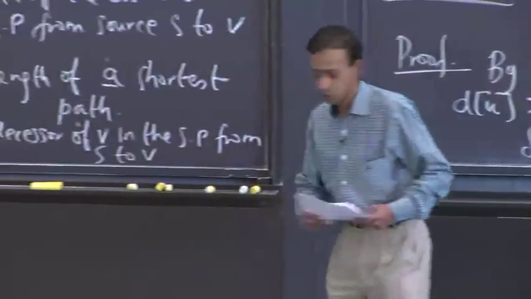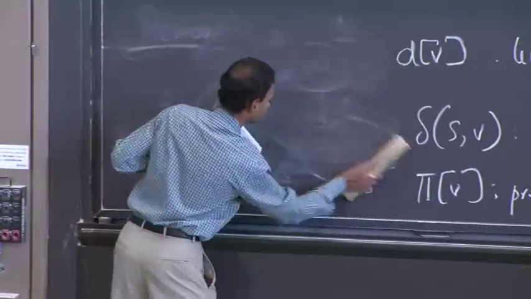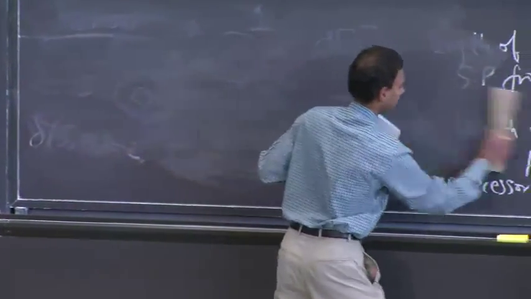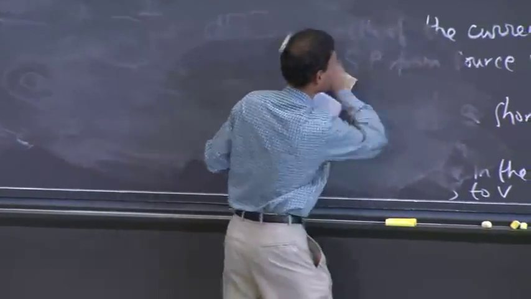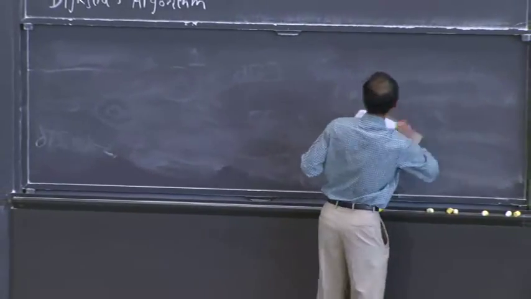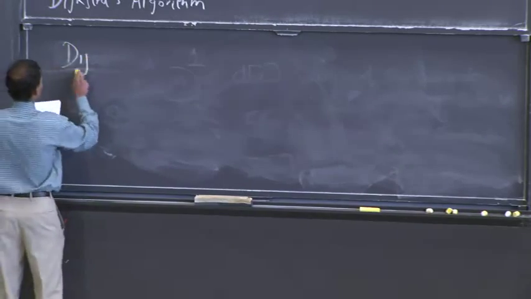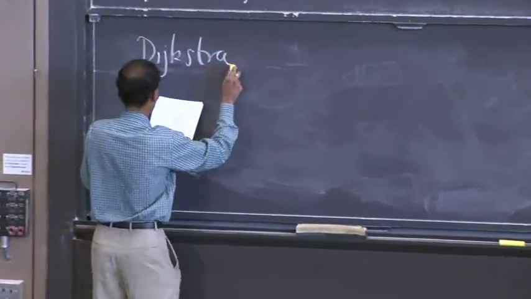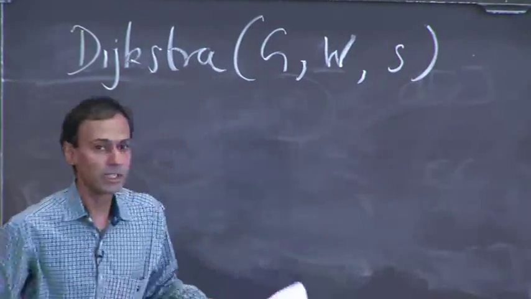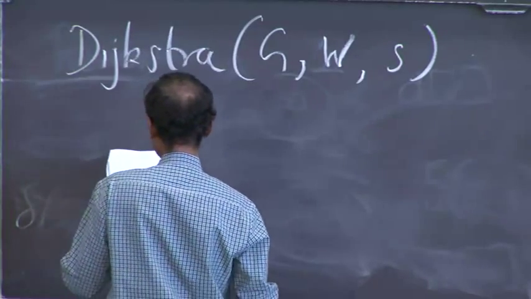So let's take a look at the pseudocode for Dijkstra. So G is your graph, W are the weights, small s is the starting vertex.